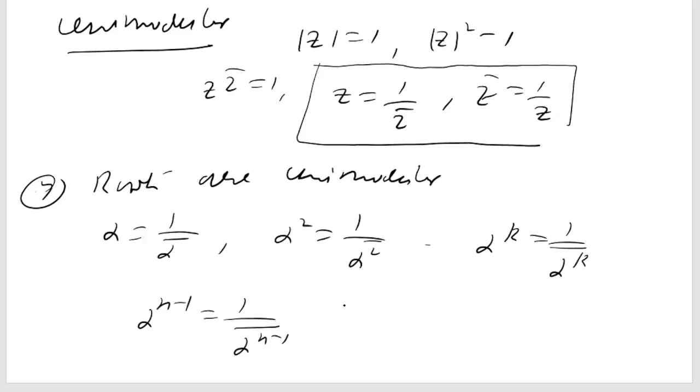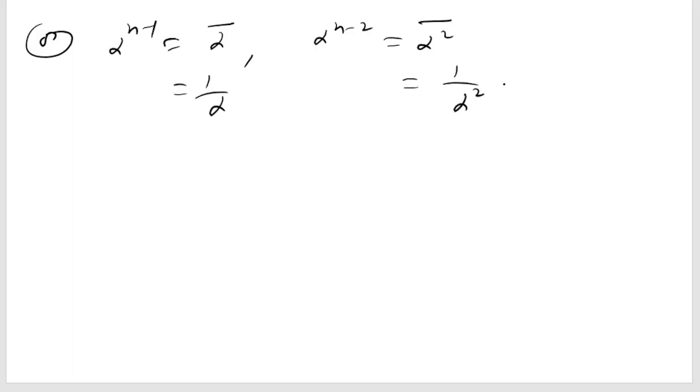We already discussed that they are also a conjugate pair. So alpha n minus 1 is alpha bar, alpha n minus 2 is equal to alpha square bar. We have also proved that they occur in conjugate pairs. So these relations can be used to solve problems where alpha to the power n minus 1 is alpha bar, because they are a conjugate pair, and since the roots are unimodular, alpha bar is nothing but 1 by alpha.